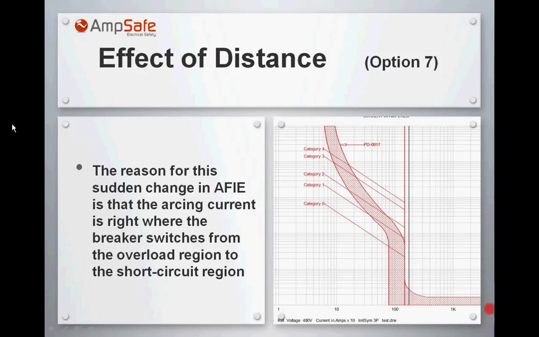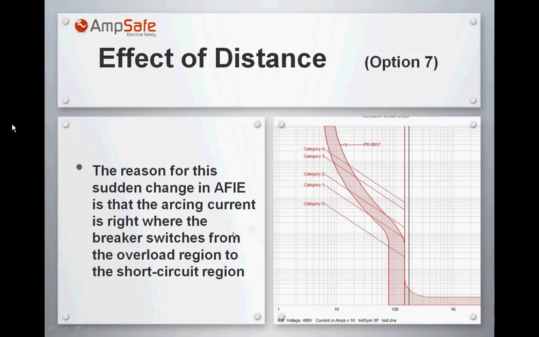By increasing the impedance by 1 foot, you have lowered the arcing current a little bit. Now it's really not in the instantaneous region, it's about in this area, correct? And in that area, of course, you have much more energy because the breaker takes longer to open than it would otherwise. Okay, so that's the situation.